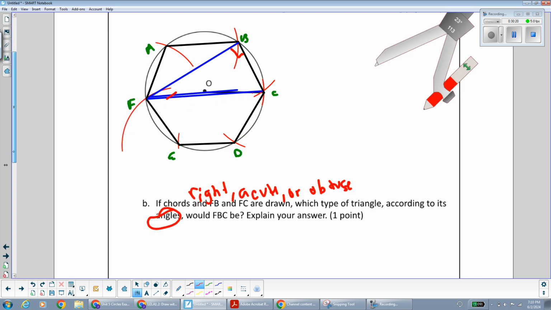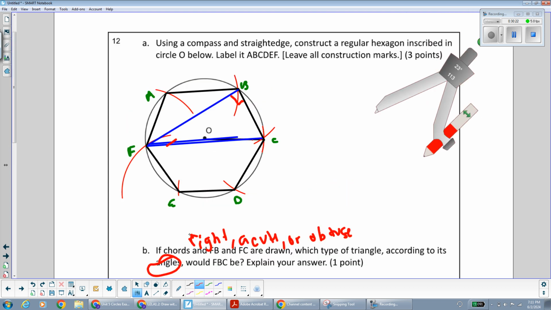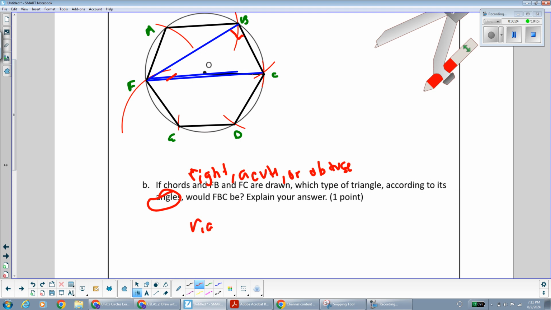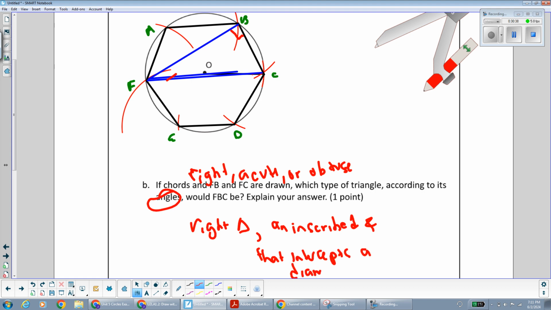So it is a right triangle. An inscribed angle that intercepts a diameter is a right angle.